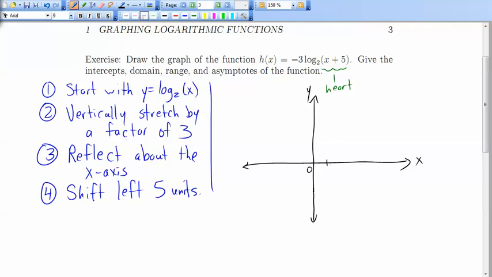So we'll start off with our basic logarithmic function that has a base that's bigger than 1. There it is. Now we're going to stretch that graph vertically by a factor of 3. So all our y values are going to get multiplied by 3.